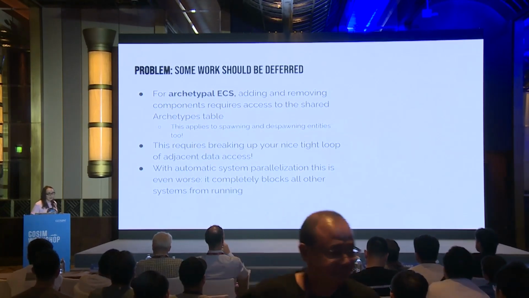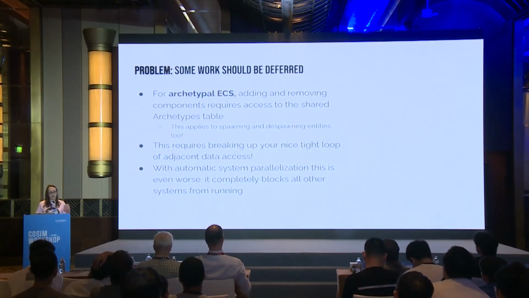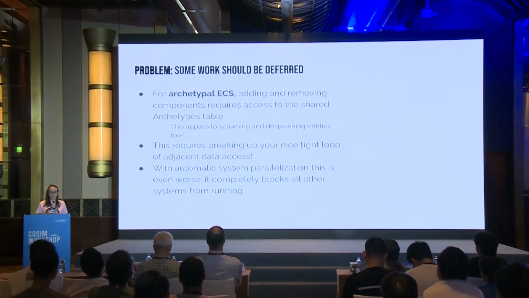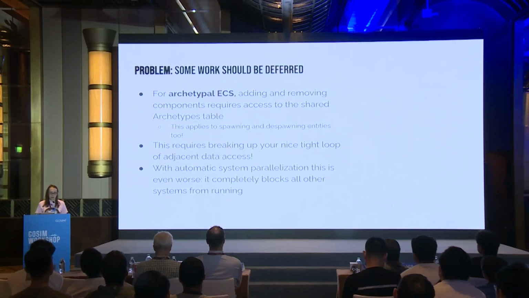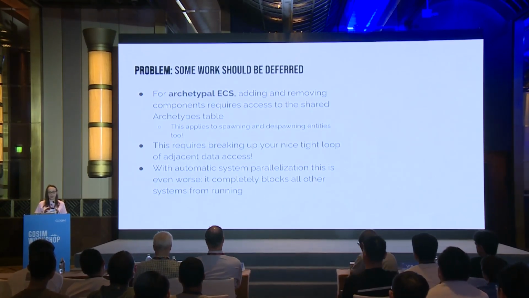This data will be arranged into things called archetypes, where entities with the same components will be arranged close to each other because they're going to be operated on in similar ways. And this works really well, except that when you want to move around this data, everything has to get shuffled, and it becomes a very slow operation that breaks you out of the nice hot loop that you have.